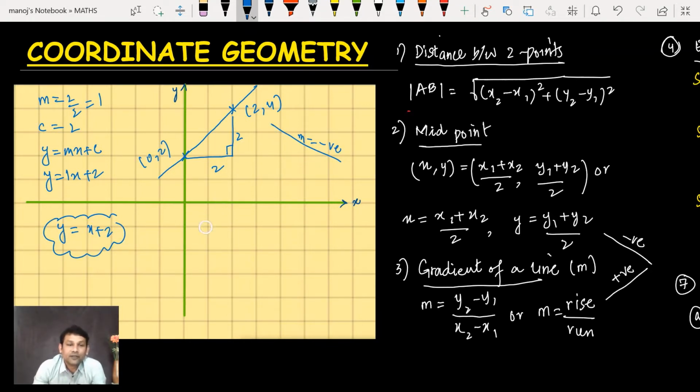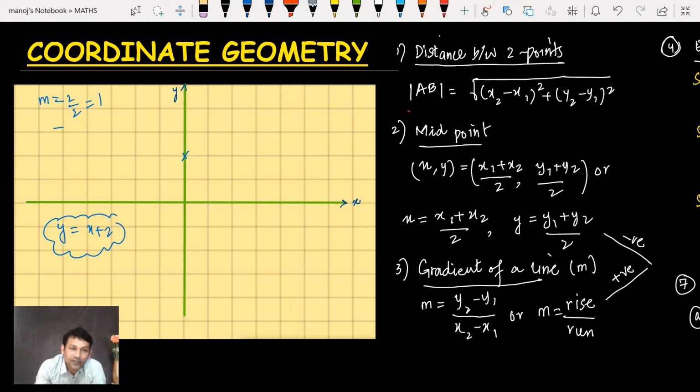After finding the gradient and equation and everything, what you have to remember is that sometimes you have to draw a line. How can we draw this line? Suppose I write one equation here: y equals 2 upon 3x minus 2.